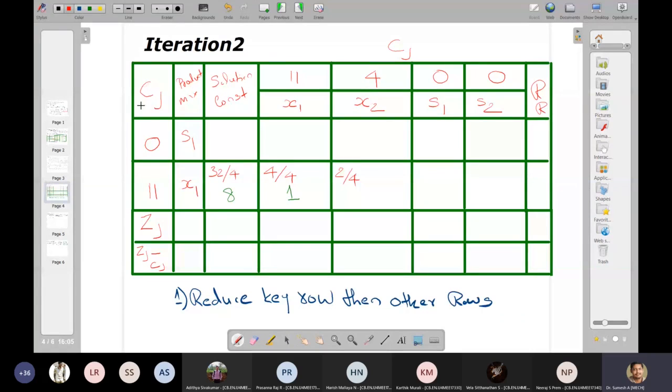Under S1 it will be 0, since S1 is not there in the second row. And under S2 it was previously 1, so it will be 1 by 4.